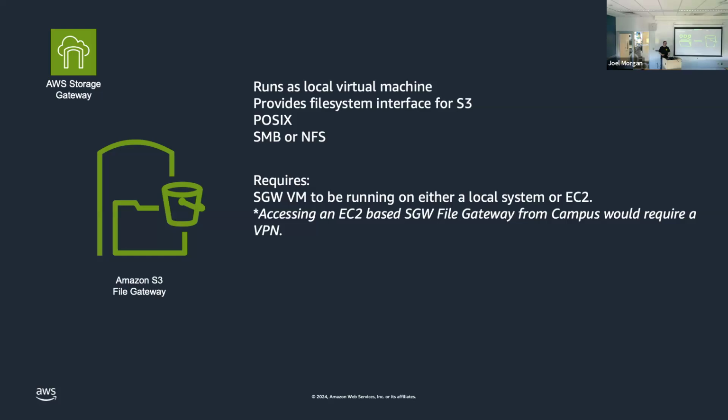So if you already had that for some reason, then absolutely you can run it in EC2 and it's going to go over the VPN. If you're running this locally, there's no need for a VPN. It can talk in an encrypted way to the bucket directly. So I know that's getting in the weeds, but if you're like, yeah, this sounds really attractive, but I don't have a place to run it locally, then talk to me. We'll come up with another solution.